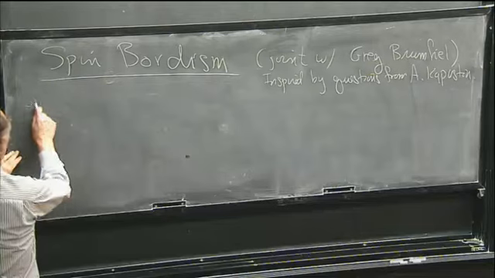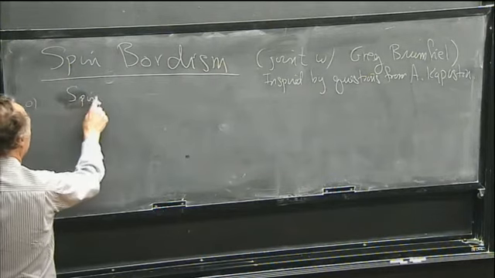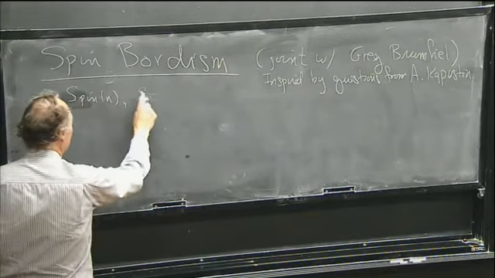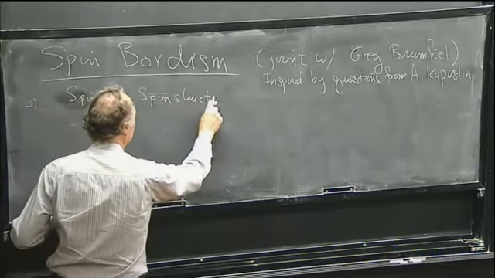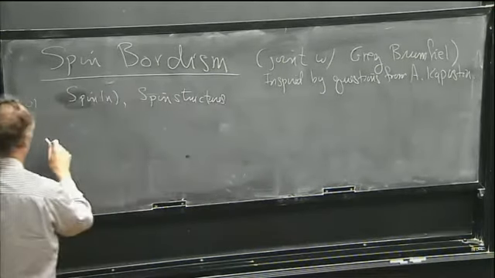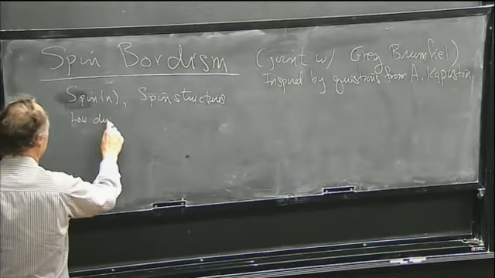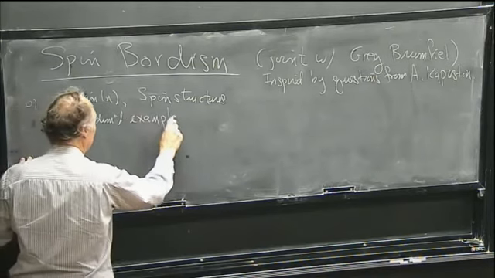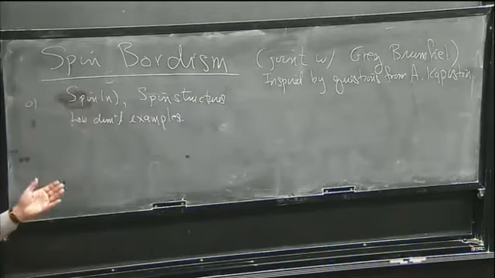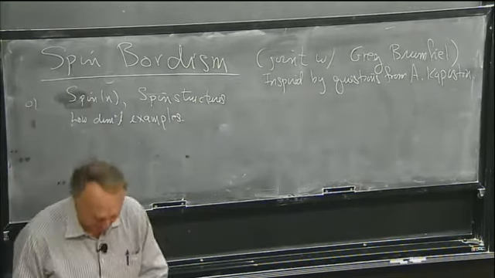What I'm going to talk about: I'll give you a brief review of the spin groups, Spin(n), and spin structures. I'll talk about the low-dimensional examples. In fact, as far as I'm concerned, one of the hardest examples to understand is the one-dimensional example. It's quite twisted.